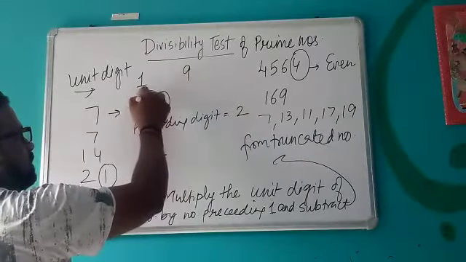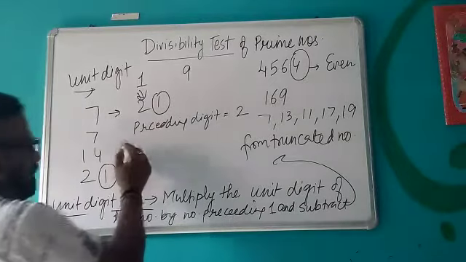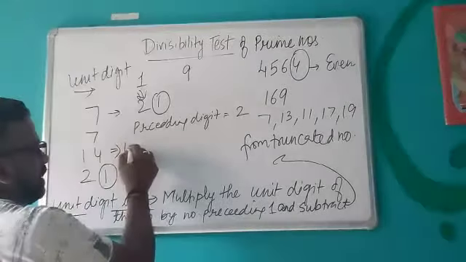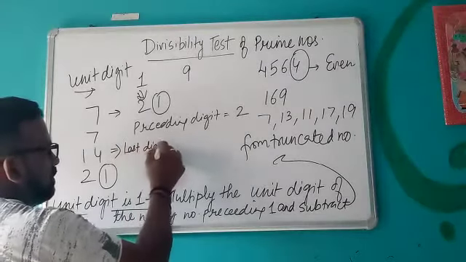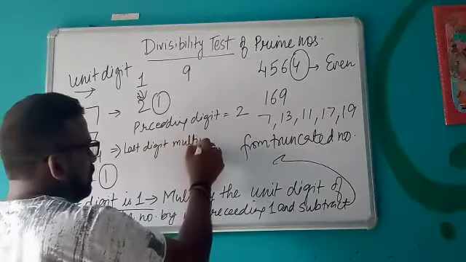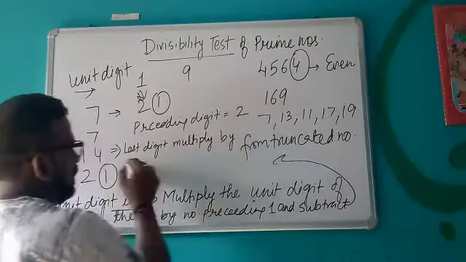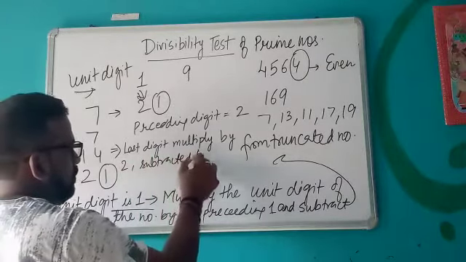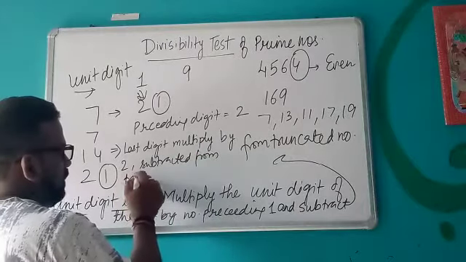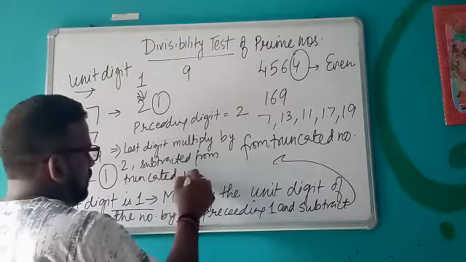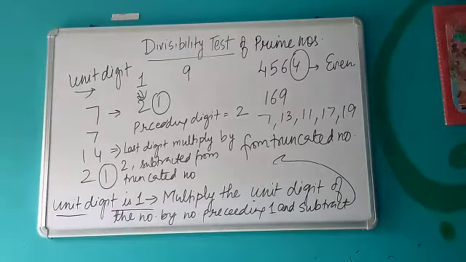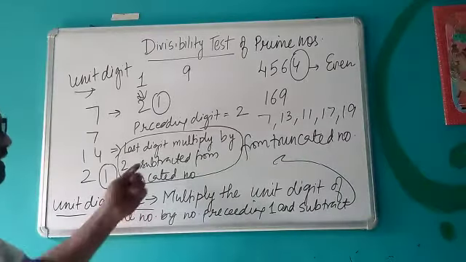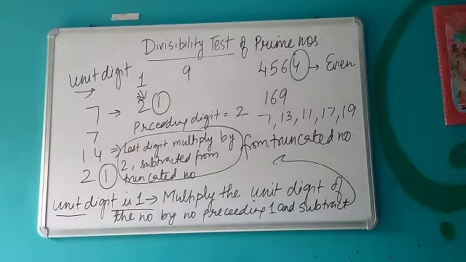So the divisibility test of 7 will be: last digit multiplied by 2 and subtracted from the truncated number. Last digit multiplied by 2 and it is subtracted from the truncated number.